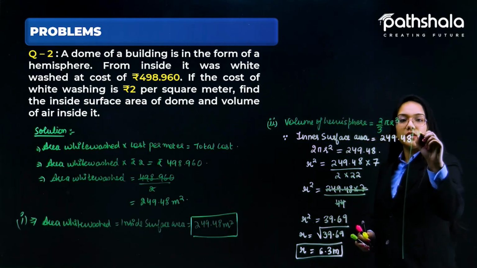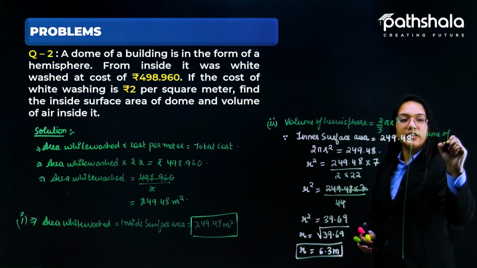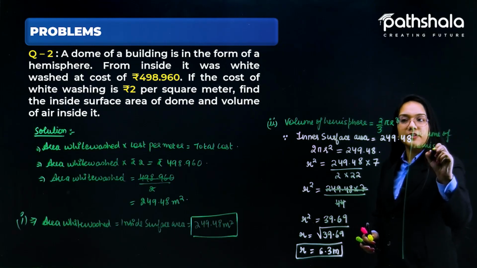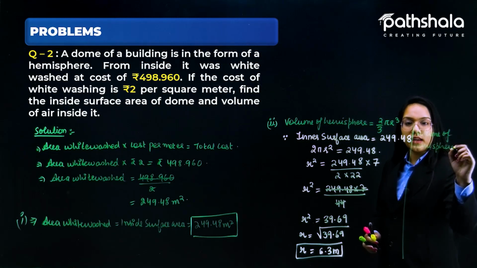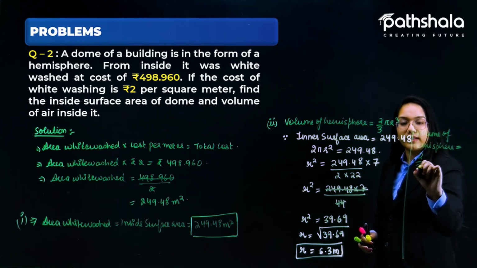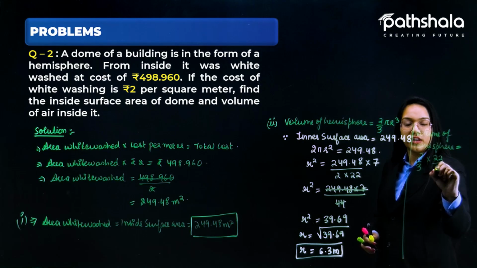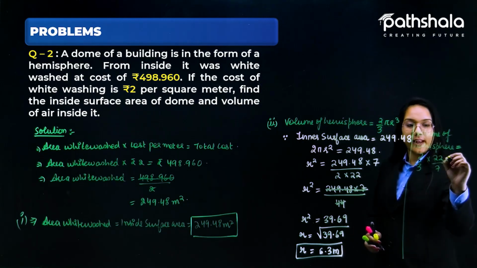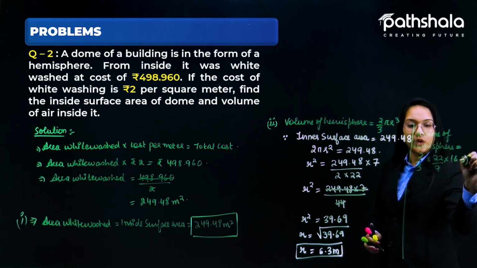The volume of the hemisphere is equal to 2 by 3 into 22 by 7 into r, and r we already calculated as 6.3, whole cube.